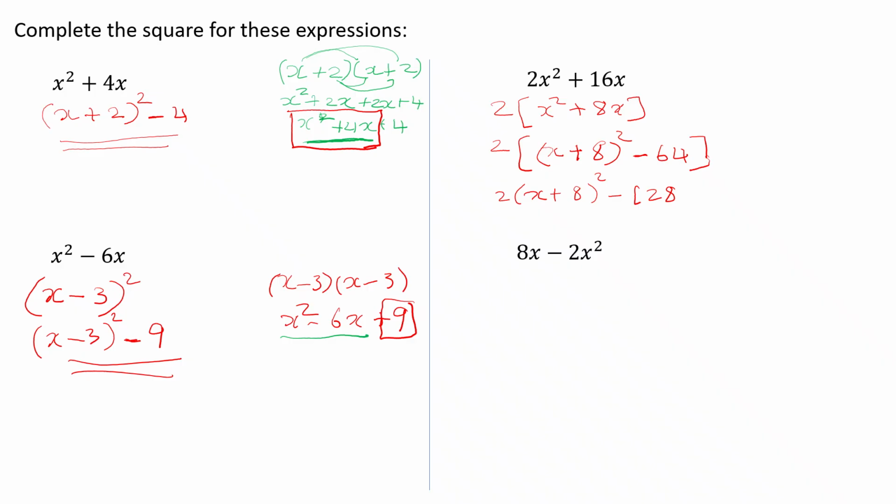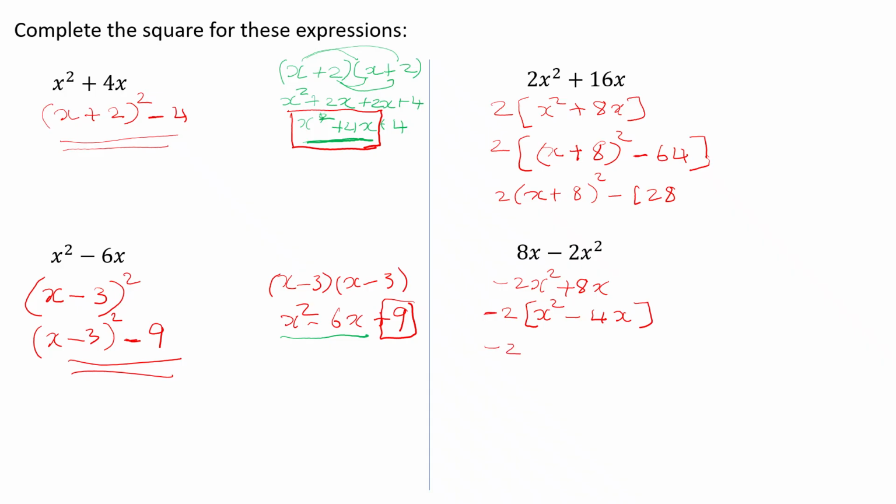Next one, 8x minus 2x squared. So I want to keep x squared positive and keep the coefficient of x squared as 1. So I'm going to rewrite minus 2x squared plus 8x. Then I'm going to factorize negative 2 out of the bracket. So negative 2 times x squared, negative 2x squared, minus negative 2 times negative 4x, positive 8x.